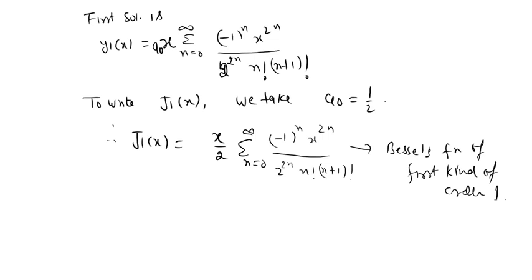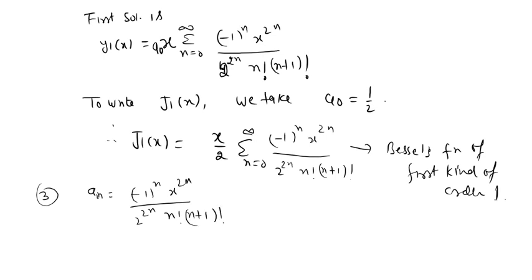And now we move to the third part. In the third part we need to talk about its convergence. So I am writing the nth general term: (minus 1)^n x^(2n) divided by 2^(2n) n factorial (n plus 1) factorial.